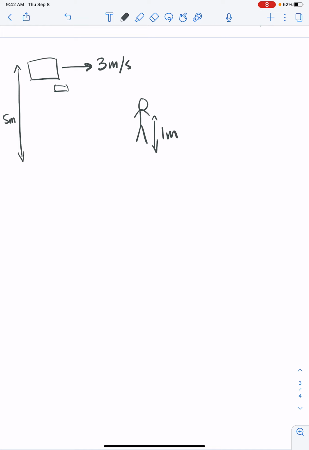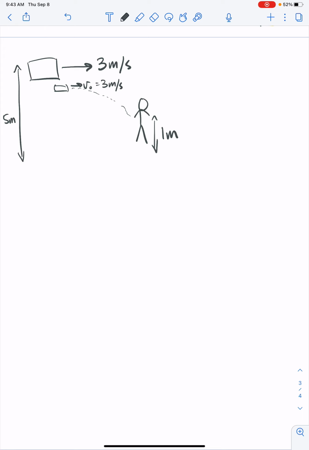And the burrito drops and undergoes this parabolic path from the drone to the person's waiting hands. Its initial velocity is 3 meters per second pointed to the right.